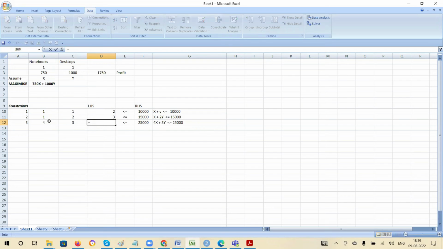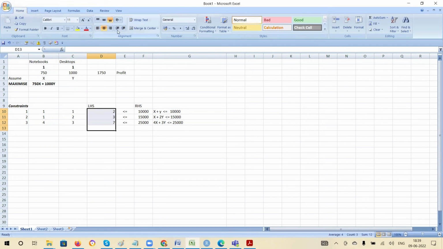So 4x is 1 for now, and then you have 3 into 1. So 237. Okay, so if you make one computer notebook and one desktop, this is what you will get. Correct? 2357. But maximum, how much can we make?